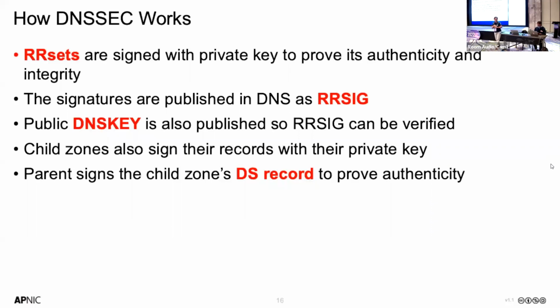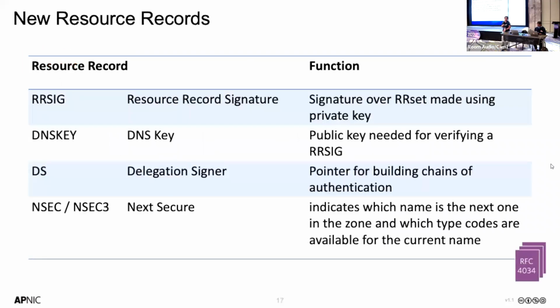And lastly, we have DS records, okay, that will contain that information that links the parent to the child zone. New resource records. So we'll go through all four of those new resource records, but this is a summary of the new resource records introduced. Actually, there's a couple more, but I'll introduce that a bit later on. But these are the main ones.